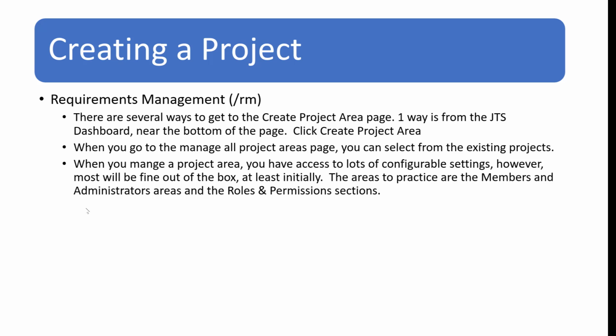And when you manage a project area, you have access to lots of configurable settings. However, most of those settings will be fine out of the box, at least initially. The areas to practice are the members and administrator areas and the roles and permissions section. So we'll get into that as we go through creating a project.